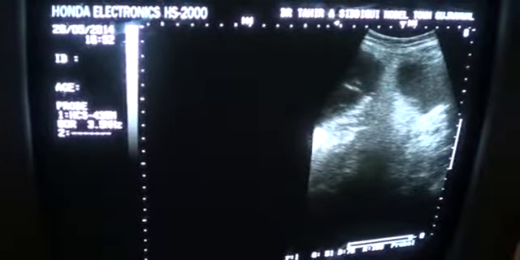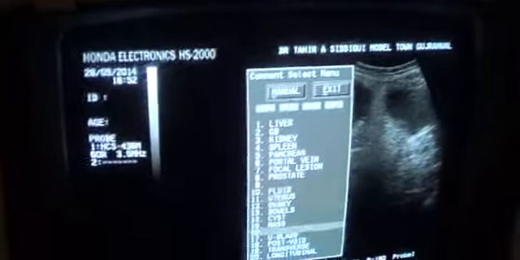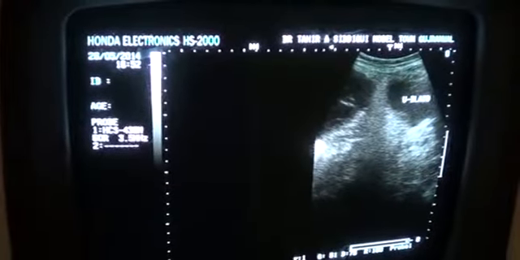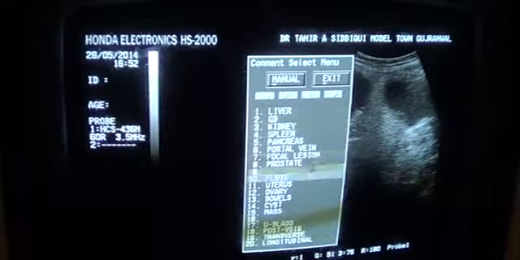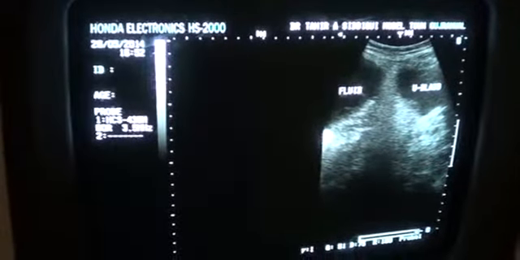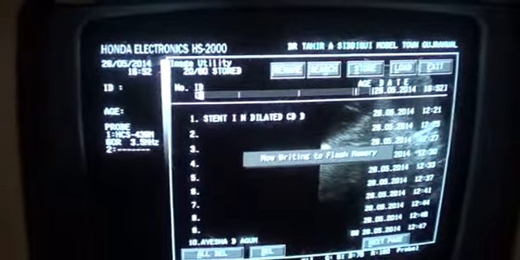This is the urinary bladder. From here, immediately lateral to it, fluid starts and then occupies all of the abdominal cavity.